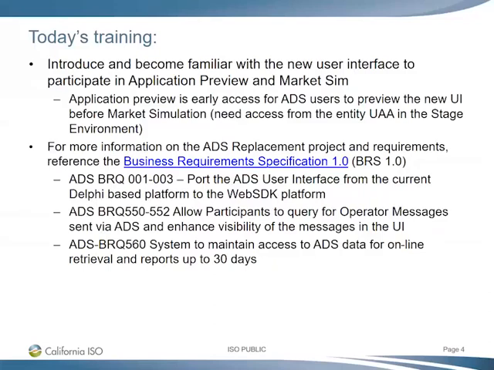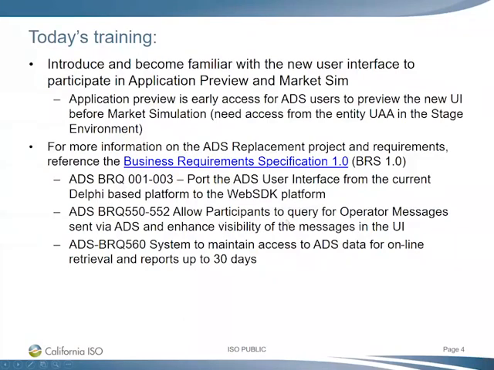To get more information as far as the ADS replacement project and the requirements go, I just wanted to make sure that you have access to the business requirement specifications, which are on the release planning site on our website. And today we're going to focus on these specific requirements. So we'll talk about the initial set of BRQs, which are associated with the actual replacement itself from the current to the new web SDK platform.